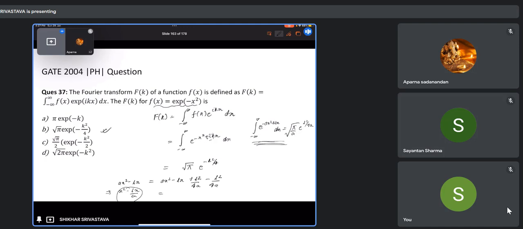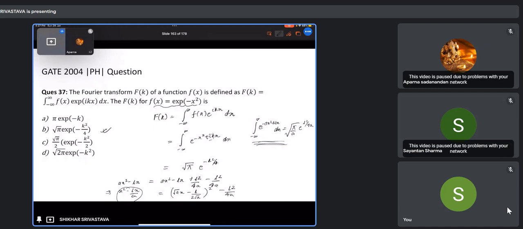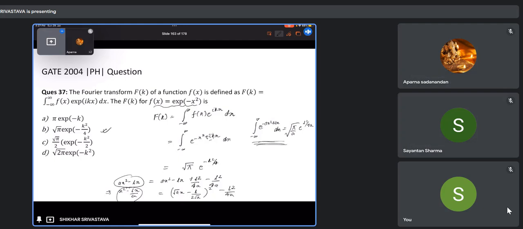Now this you can further write as under root a times x, where x is outside the root, minus b upon 2 root a, whole square, minus b square upon 4a. You just open this and you will get back ax square minus bx. Okay, so we can write this ax square minus bx like this, and now we'll put this back into the integral.